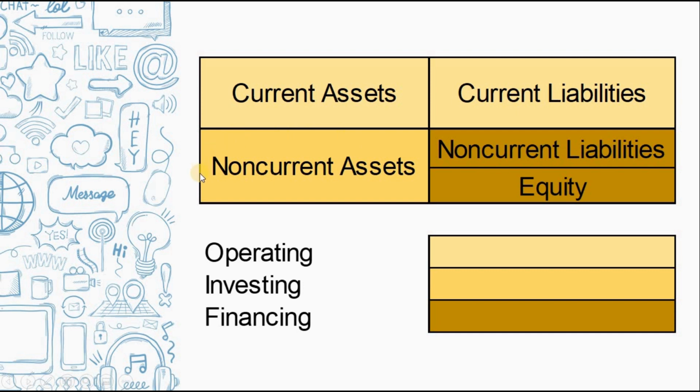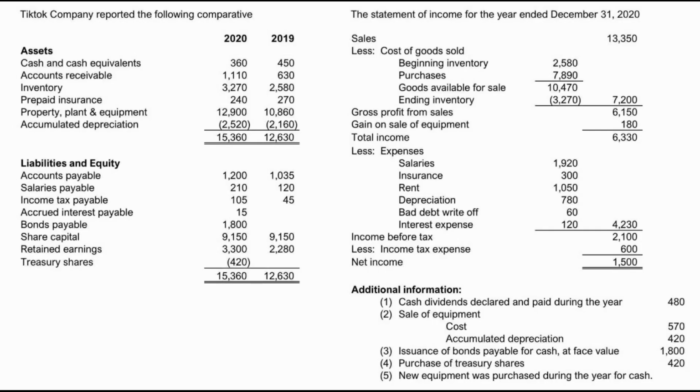Then cash flow transactions that have an effect on non-current liabilities and equity are classified under the financing activities. Now, let's look for nominal accounts in the income statement that are related to non-current assets and non-current liabilities.